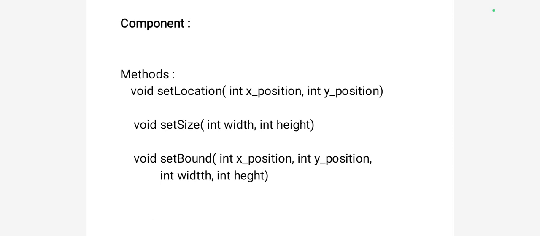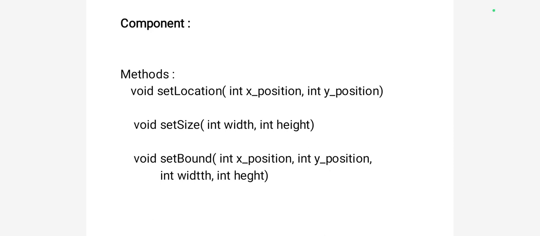The next method is void setBounds. Whenever we use the setBounds method, it has four different parameters. The first parameter is int x position, then int y position, then the third parameter is width, and the last parameter is height.